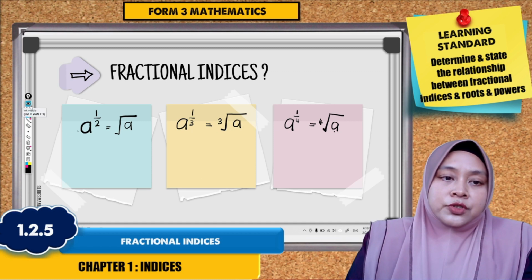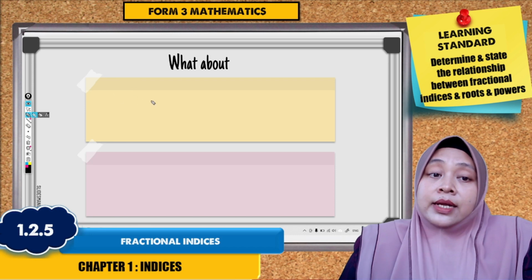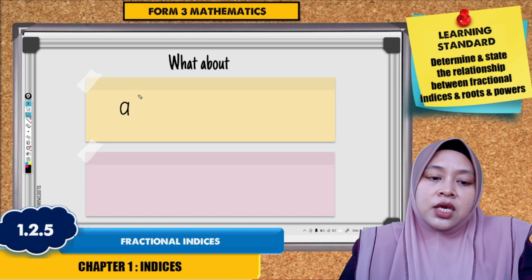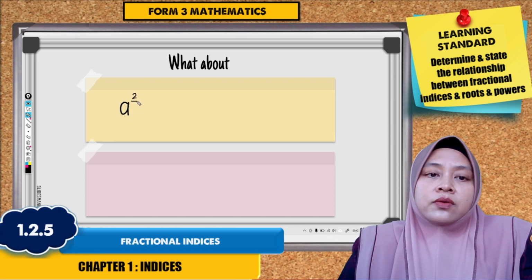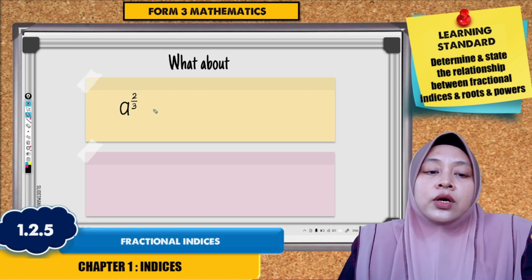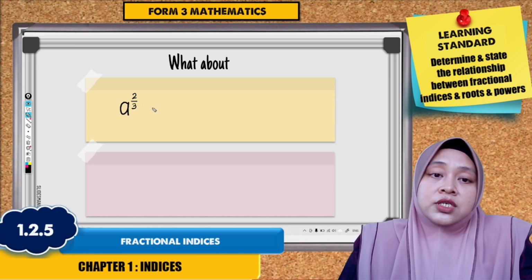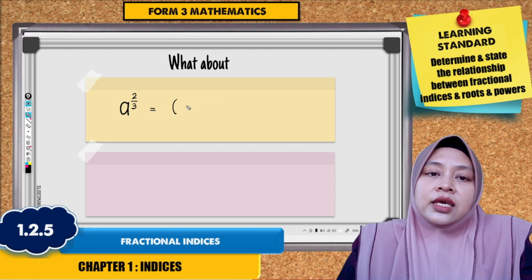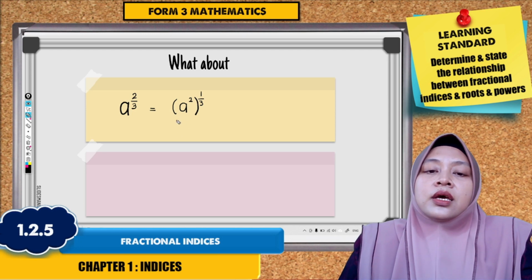So, what if I give you another type of indices, which is a to the power of 2/3? What about this? A to the power of 2/3 can be defined as a square in parentheses to the power of 1/3.